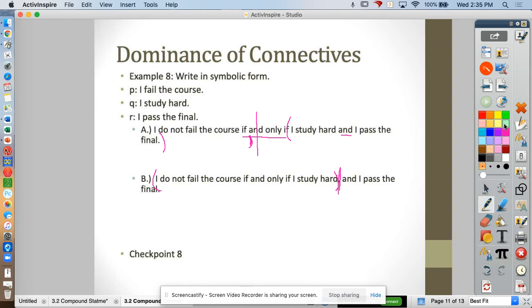Actually, maybe I'll leave those up there so that you can see it. I do not fail the course is going to be negation P. I study hard is going to be Q. I pass the final is going to be R. If and only if, double arrow, and caret.